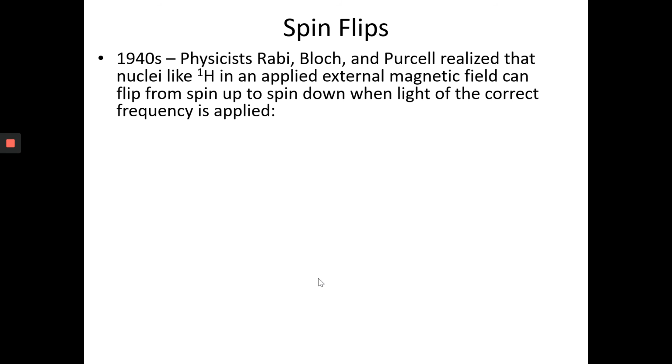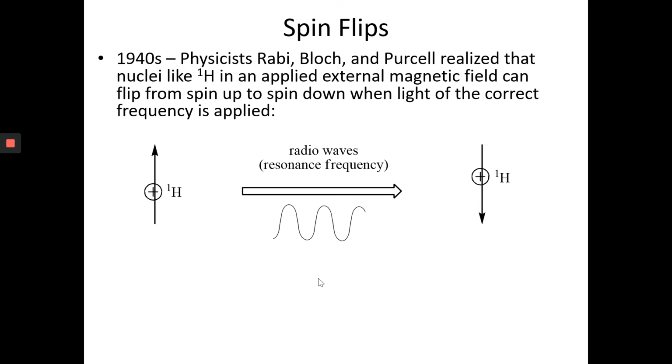of light on it. So here on the left is representing a hydrogen nucleus that is spin up in the same direction as the magnetic field. If you blast it with light, and in particular, the resonant frequency happens to be in the radio wave part of the spectrum, the hydrogen nucleus flips from up to down.